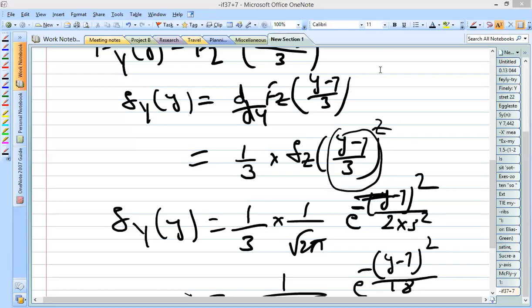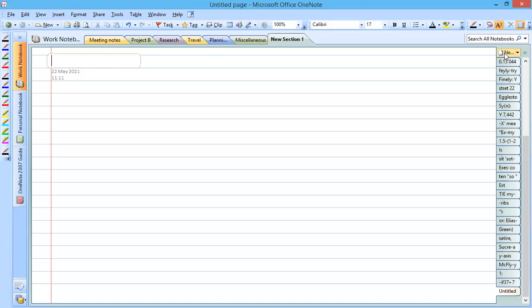So from this also, the same similar steps need to be followed.